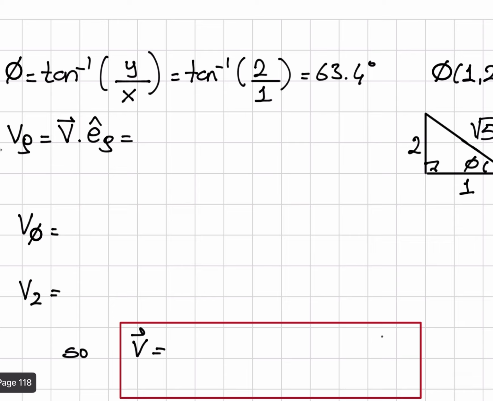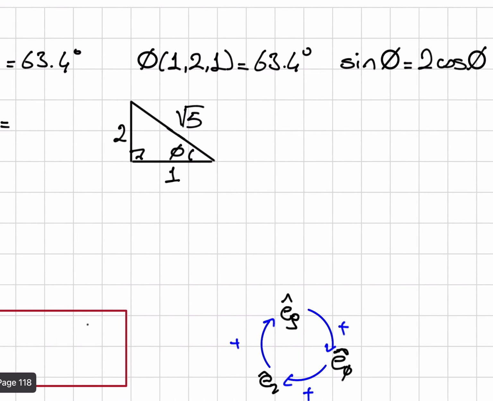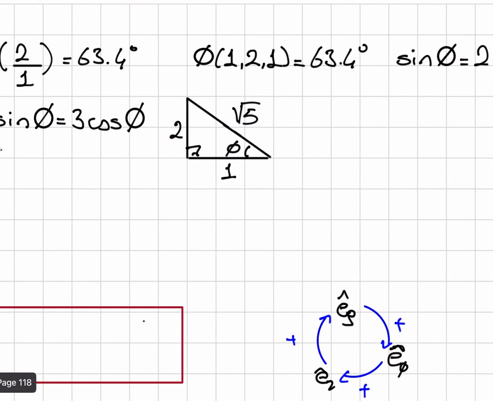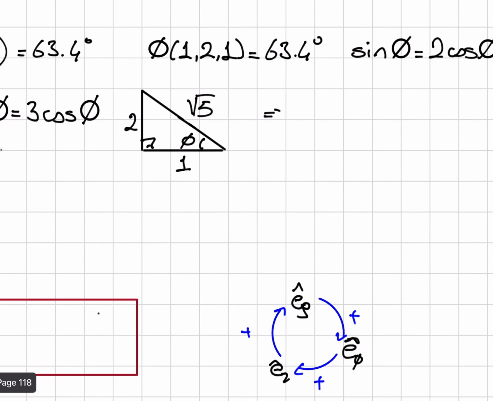So the component on the rho axis is cosine phi plus sine phi. But at this point, we know that sine phi is equal to 2 cosine phi. So this is equal to 3 cosine phi. All right, and now I can read what that is. V rho is equal to 3 times 1 over square root 5.